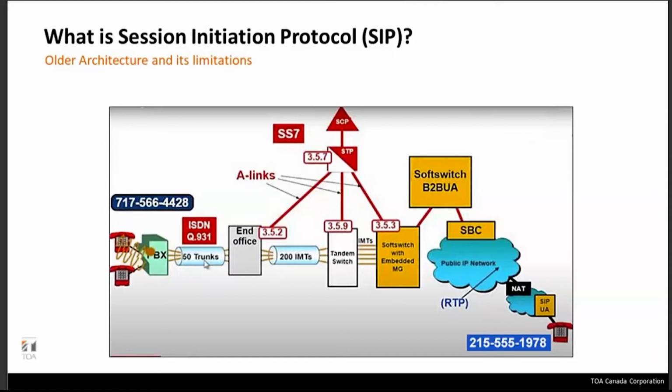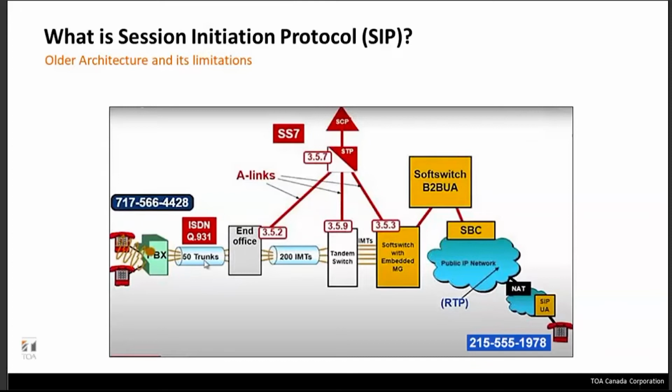This is where we came up with another solution, which is SIP. SIP is based on the internet, and if you have the bandwidth, you can accommodate as many lines as you want. It totally depends on your network, and you don't need hard physical infrastructure that requires a huge amount of money.